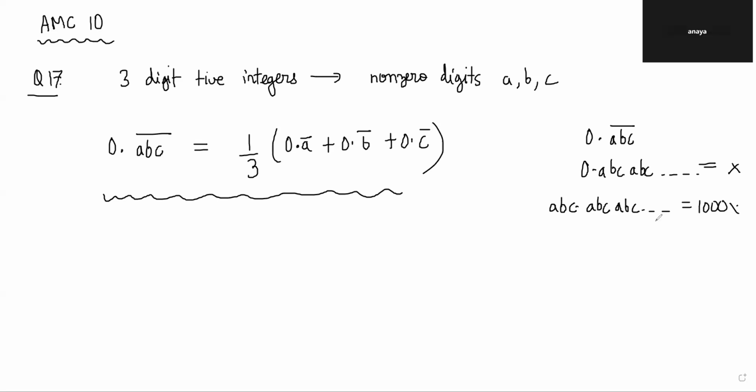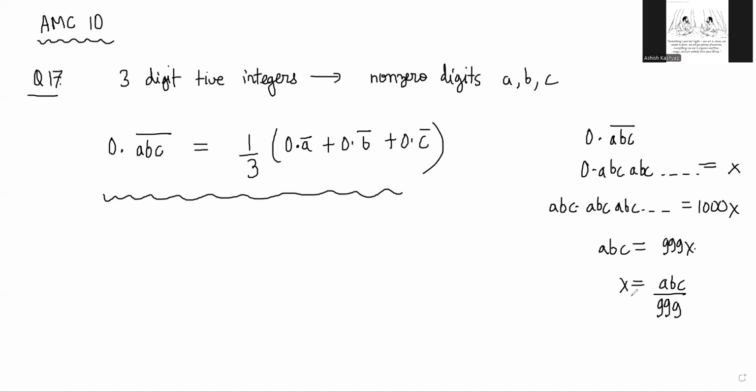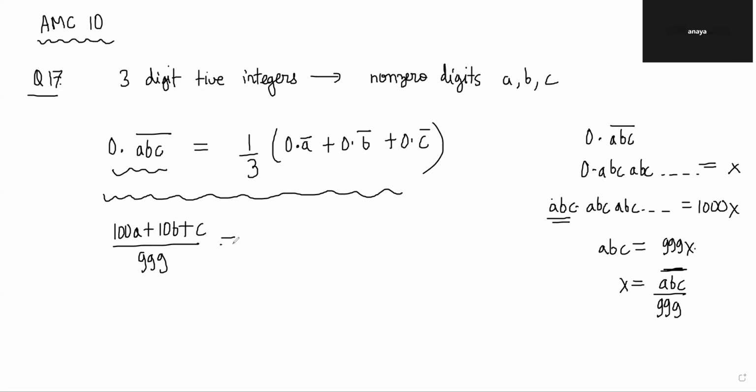If you subtract one time X, you end up with simply ABC equal to 999X. So X is equal to ABC by 999. But this ABC is actually a number, not the product of A, B, C. So it is 100A plus 10B plus C, divided by 999. That's the fraction representation.